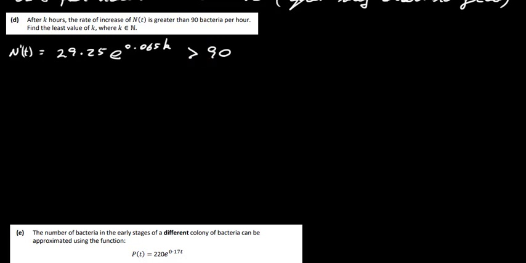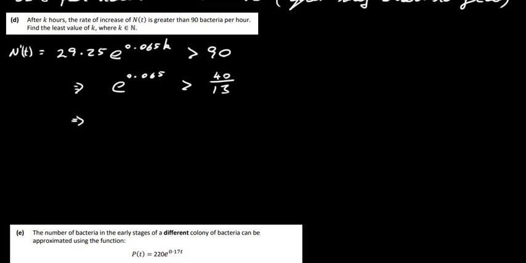So this is our inequality. First thing we can do is divide across by 29.25. That will give us e to the power of 0.065k is greater than 90 over 29.25. That actually simplifies to 40 over 13.